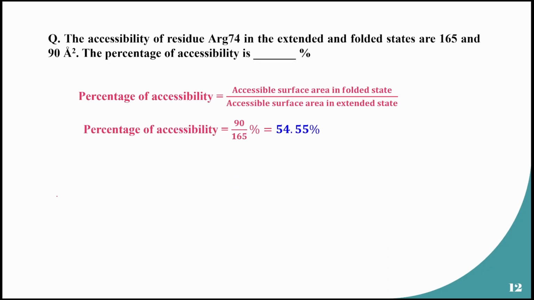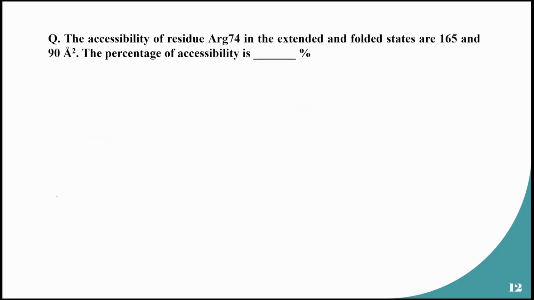I believe we went over some concepts regarding the percentage of accessibility. So here the question is asking about the accessibility of residue arginine 74 in extended and folded states at 165 and 90 angstrom square. So again, this is talking about the solvent accessible surface area. So what part of the residue is accessible or exposed to the external solvated environment, right?